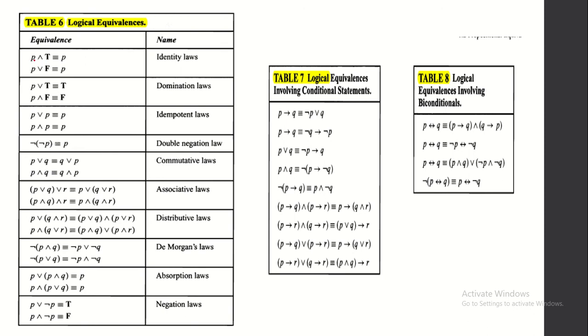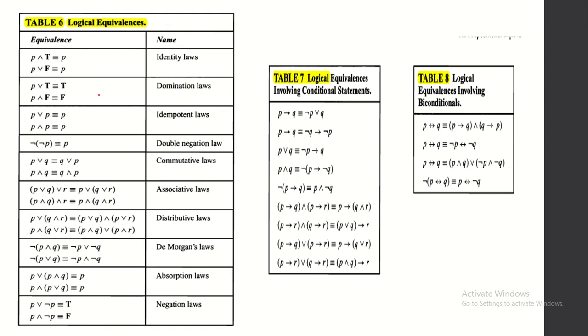If P is false, then it will become false, as it is an AND operator. So P and true is P, then P or false is P, because the result depends on P. If P is true, then it will be true, and if P is false, then it will be false. That means the result is P. So this is the identity law.